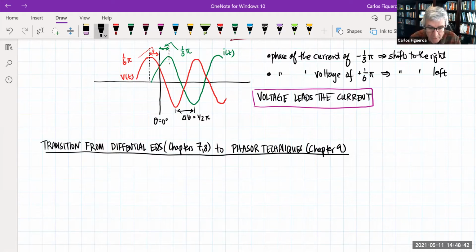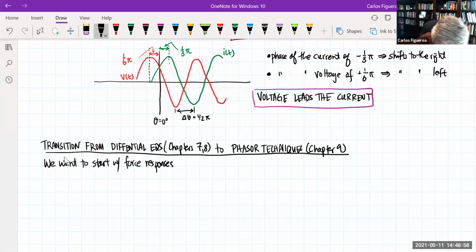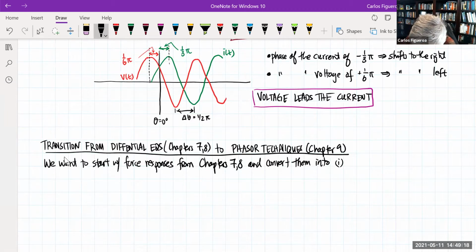What we want to do here is start with force responses from chapters 7 and 8 and convert them into an amplitude and a phase constant. Okay, so we want to convert the solution into that form.